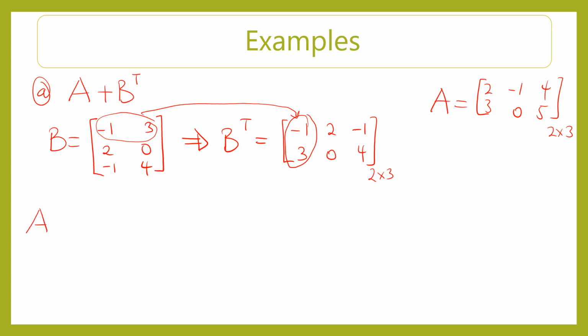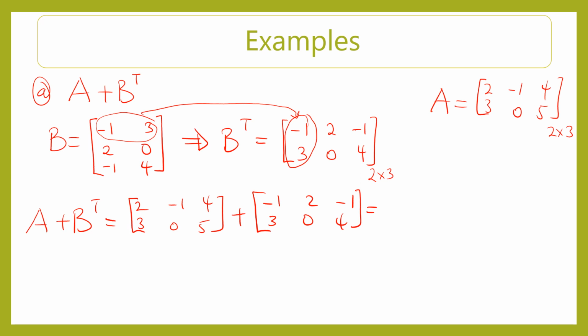So who is A plus B transpose? A is given to be 2, -1, 4, 3, 0, 5. And B transpose, we got that to be -1, 2, -1, 3, 0, 4.